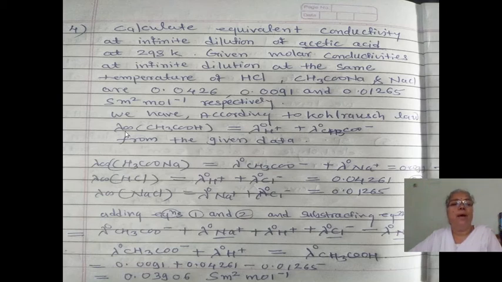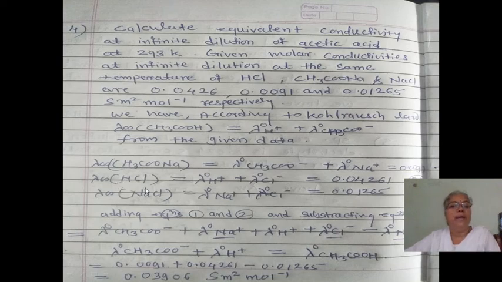law, the lambda infinity of acetic acid is equal to lambda 0 H plus lambda 0 CH3COO minus. And from the given data, we can write the equation for lambda infinity of CH3COONa, that is lambda 0 of CH3COO minus plus lambda 0 of Na plus, and it is equal to this given value.